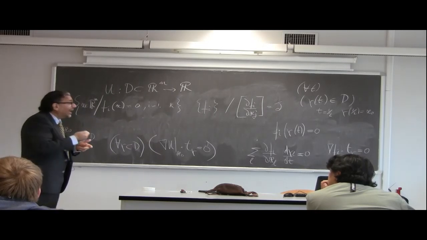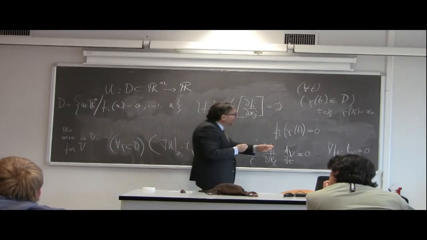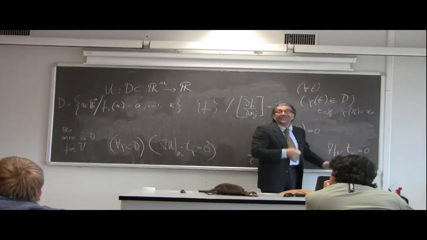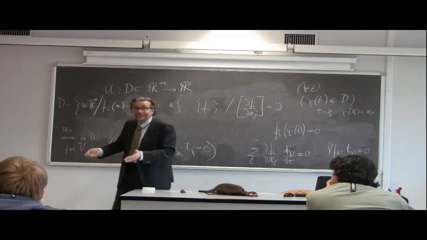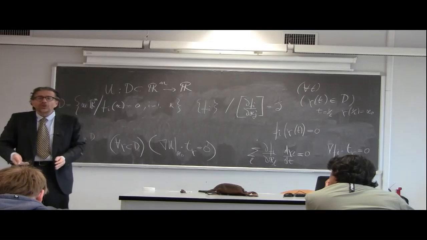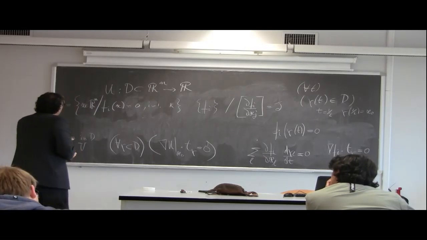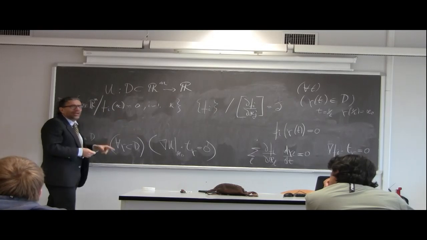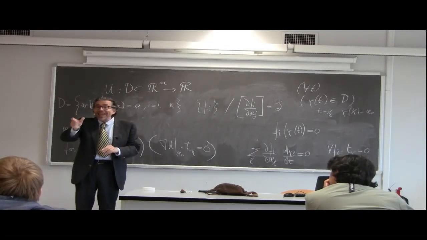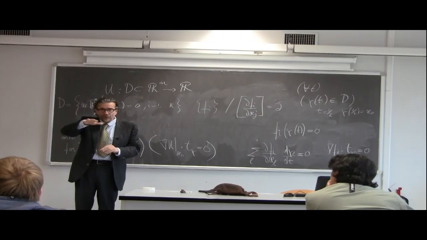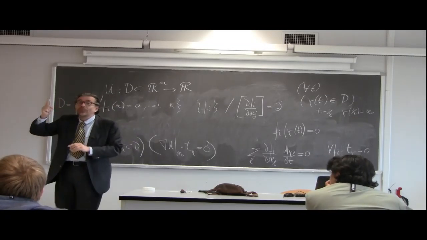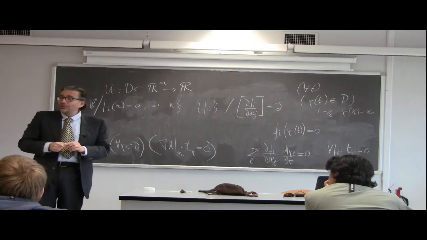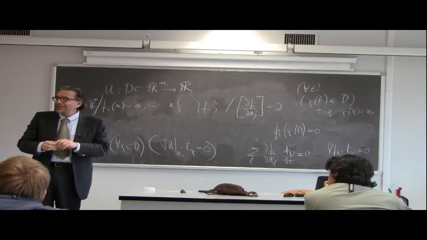So I have n minus k independent vectors which are tangent to curves embedded in D. So in every point of D, I find n minus k tangent vectors to D and k vectors orthogonal to tangent vectors.